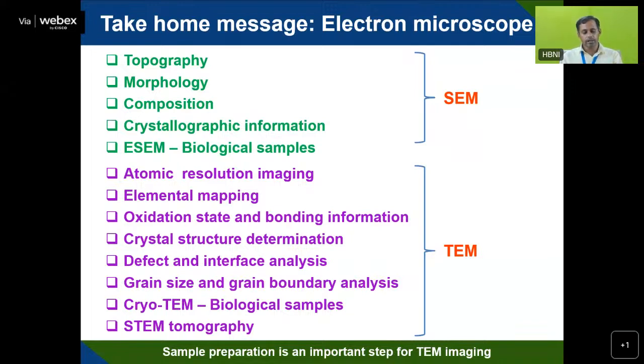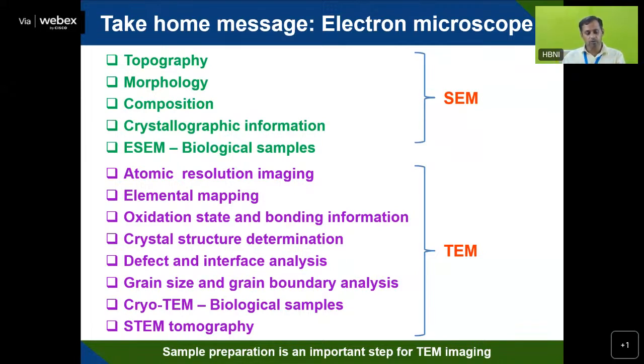But in TEM, you can see the shape and size of the particles, whether there is an alloy or a core-shell structure. Atomic resolution is possible, to see each atomic plane and how the atoms are arranged. If there are defects, you can get that information.